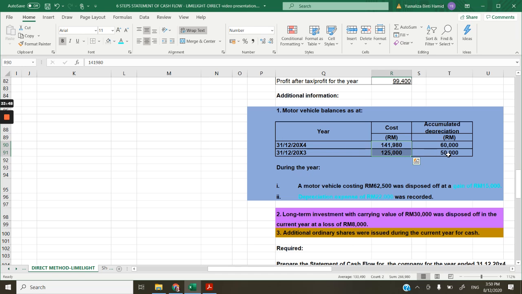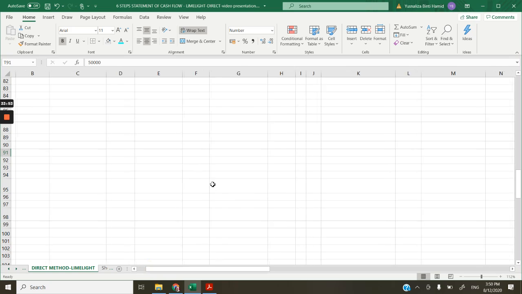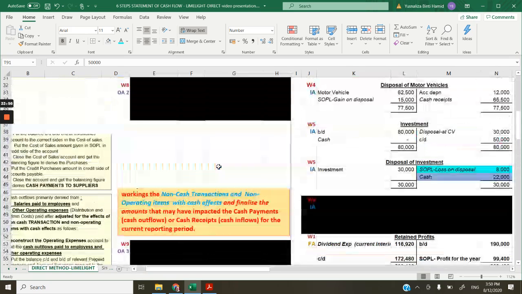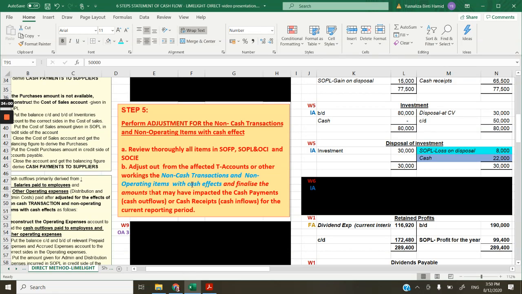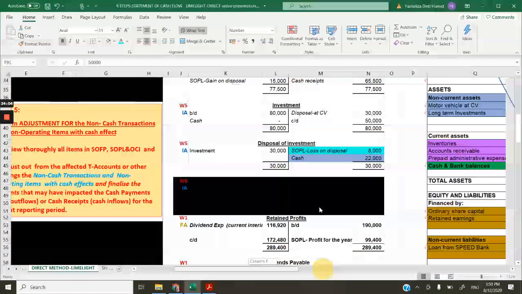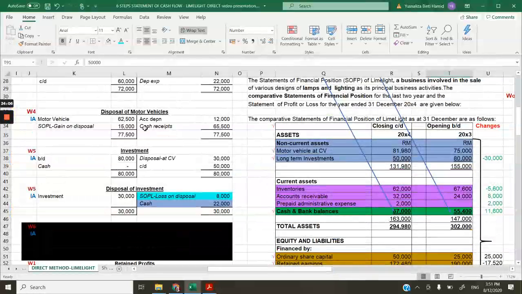And the accumulated depreciation also, I have already taken the balances and I have already put into my account. Okay, right. So this is what you did. And let's look at the account that I prepared. Okay, disposal account, you will have that.